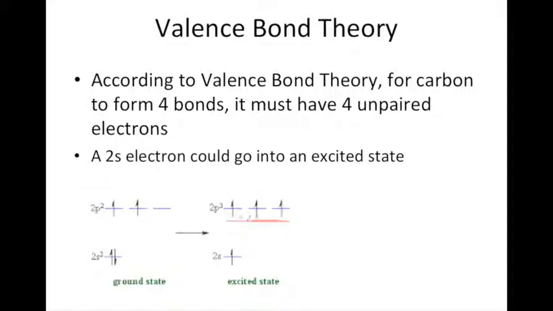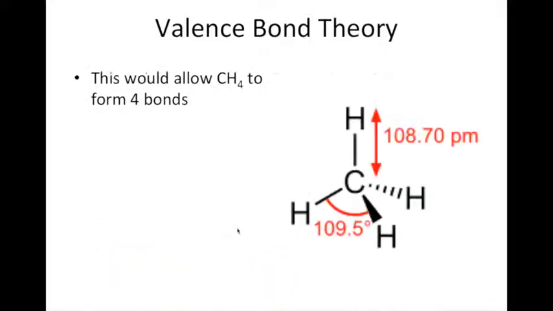These 2p electrons have higher energy than the 2s, so that's going to create a problem. Let's look at that. So undergoing the excited state electron configuration would allow carbon to form 4 bonds.